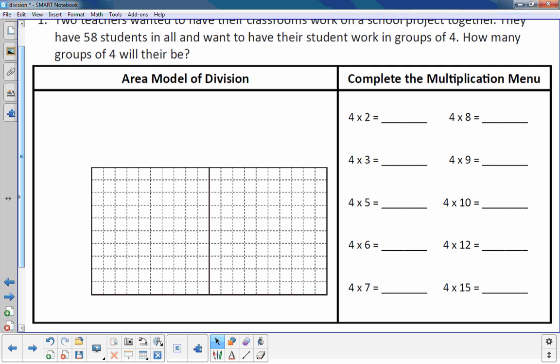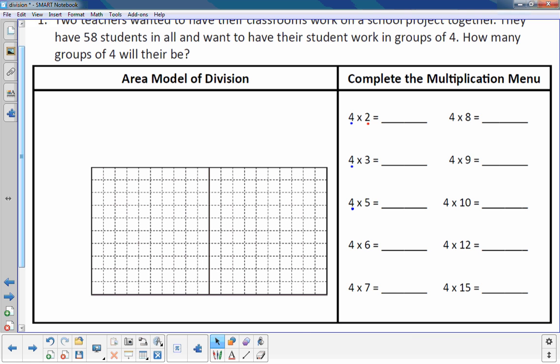So I have my students fill out the multiplication menu first, and it's going to be multiples of 4, because the 4 represents how many students are in a group, and the number on the right tells us how many groups there are. So it'd be 4 students in 2 groups.